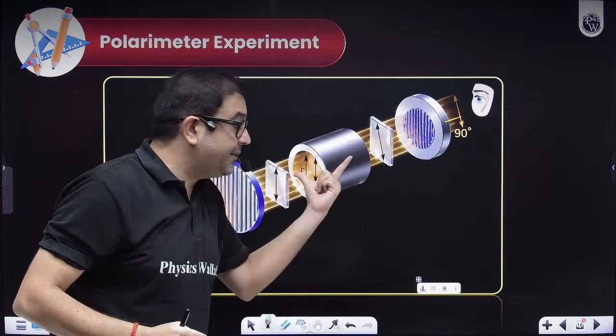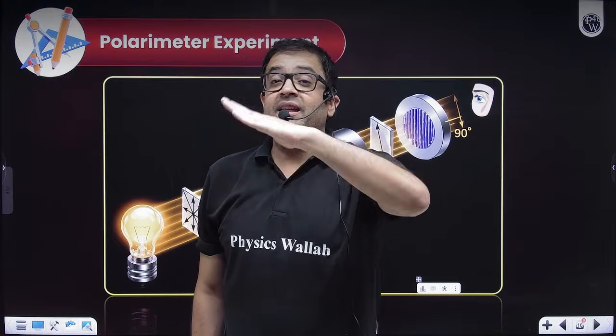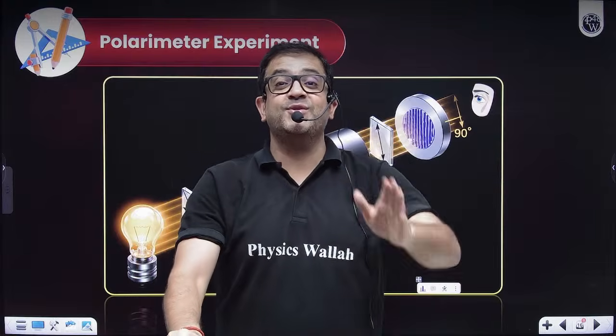Now if it is optically active, its optical activity can only be observed as it can either rotate the light in the clockwise direction, so it will be termed a dextrorotatory compound, or if it rotates light in the anti-clockwise direction, then it is termed levorotatory.